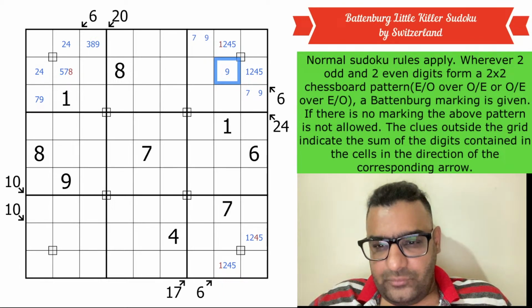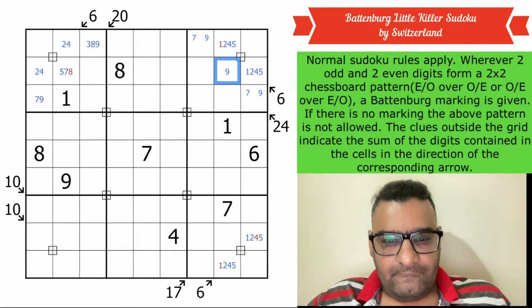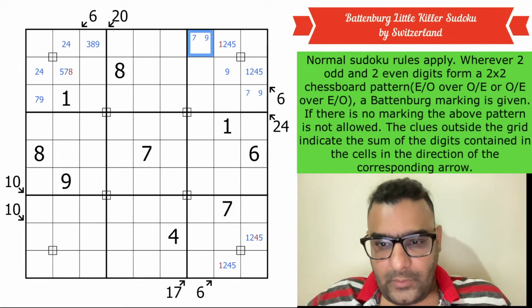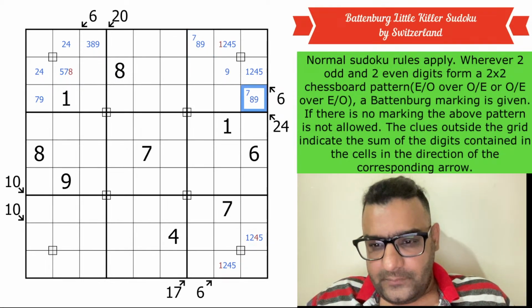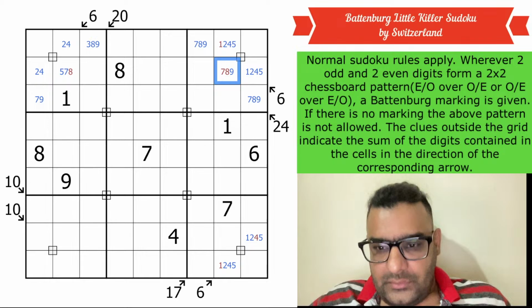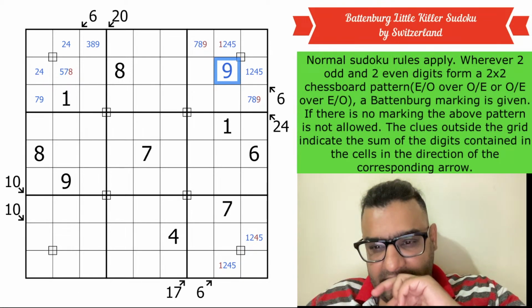We already have to put an 8. Sorry, I did something wrong there. We know we cannot put 7 and 8 in this column, so we have to put a 9 here. Let's put a 9 here.